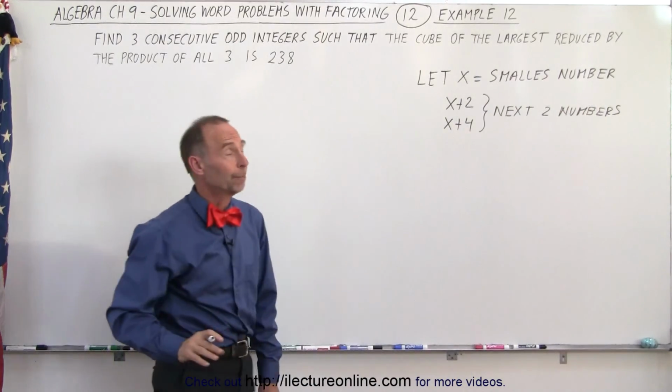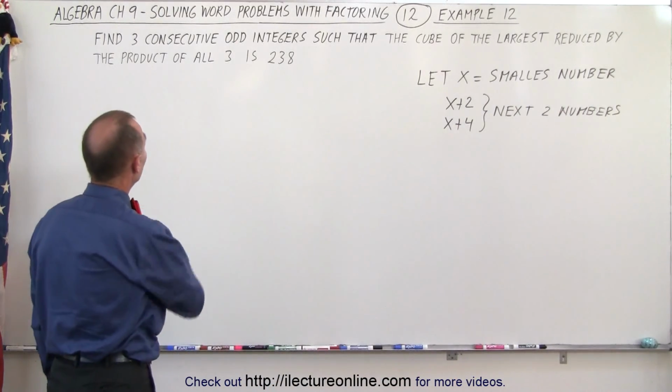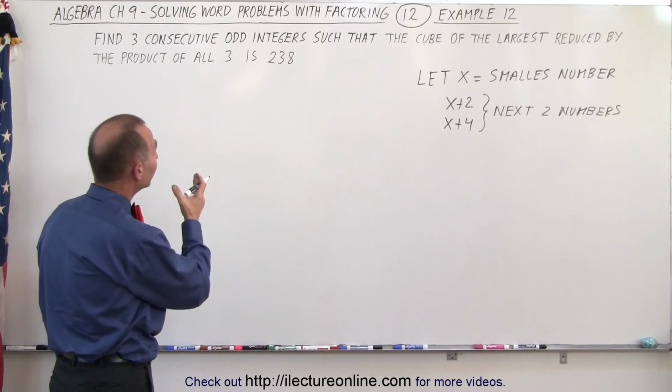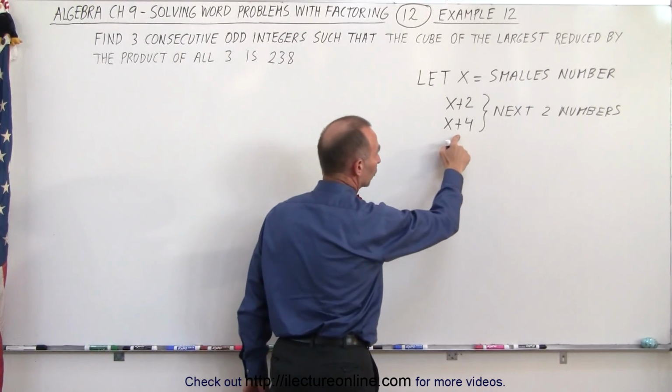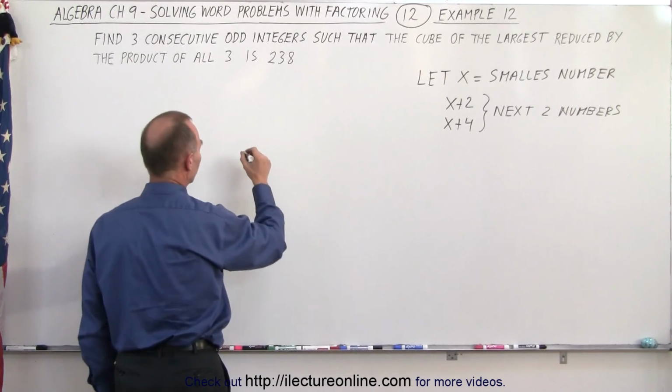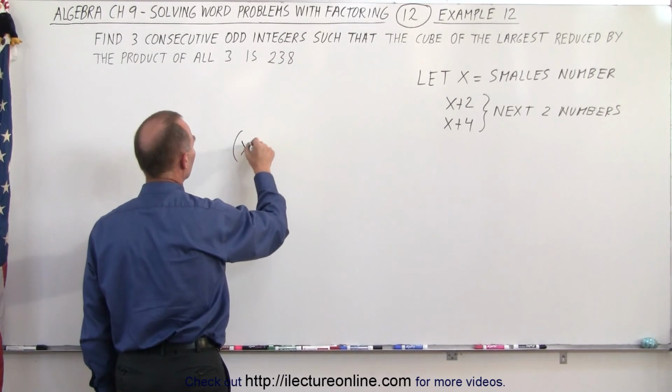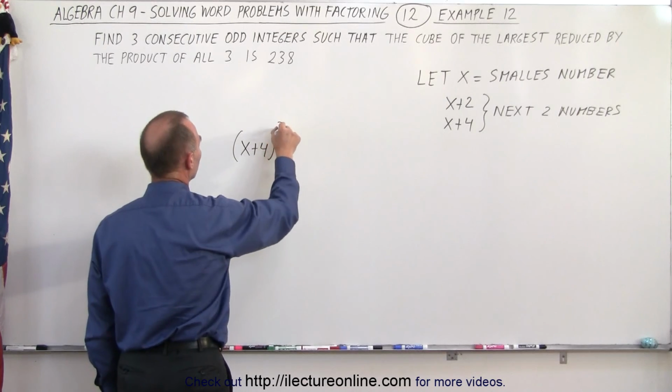All right, now let's set up an equation. They tell us that the cube of the largest, so x plus 4 will be the largest of the 3 numbers. So when we cube that, we get the quantity x plus 4 cubed.